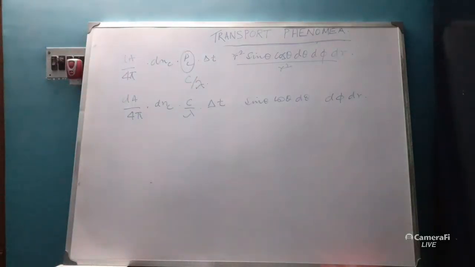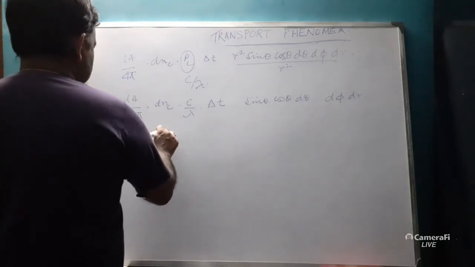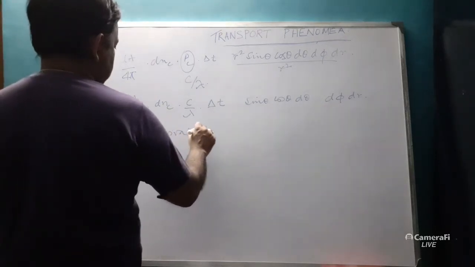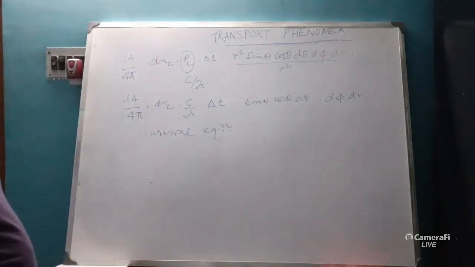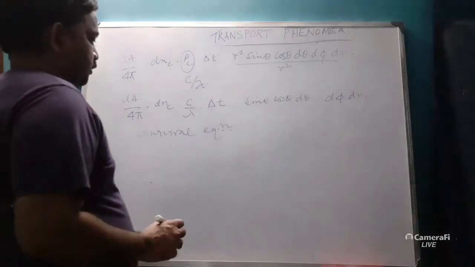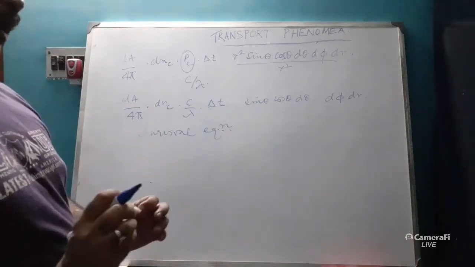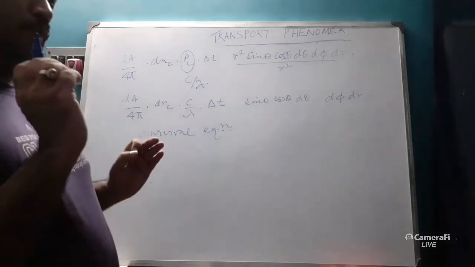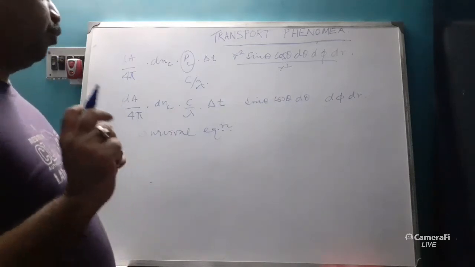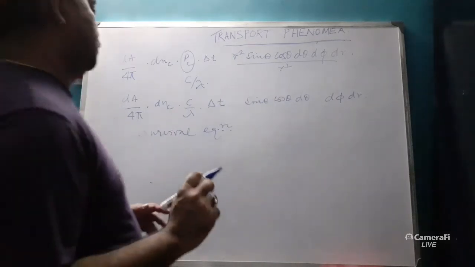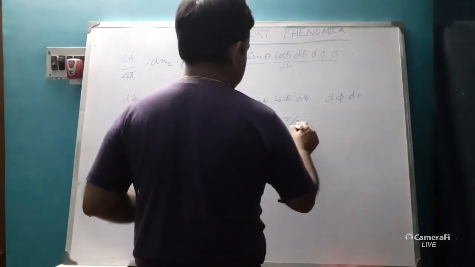Now the next point we have from the survival equation: the fraction of the number of molecules that travel the mean free path distance lambda without collision is e to the power minus r by lambda.